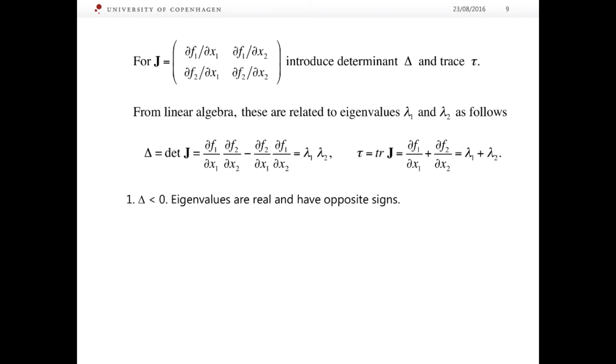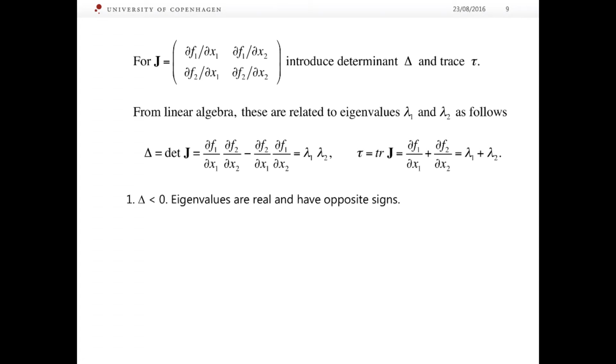Start from the case when the determinant delta is negative. Since the product of lambda 1 and lambda 2 is equal to this determinant, this must mean that the eigenvalues are real, and if one of them is positive, the other must be negative, so they must have opposite signs.